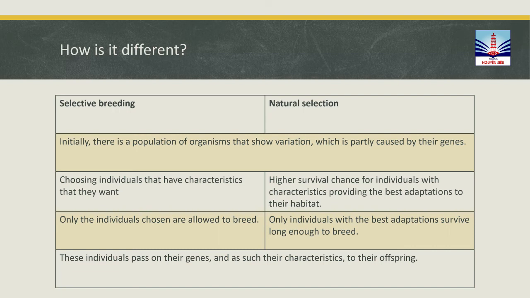Another difference is that selective breeding only allows breeding to happen inside the chosen individuals. Whereas in natural selection, since it's survival of the fittest, only the individuals with the best adaptations to their environment survive long enough to breed and create their offspring.